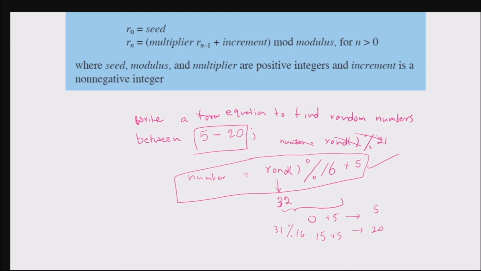Okay, another question I can ask you is, what if I want to get the value from 0.5 to 2.0? How do I do this? What is the equation for that?